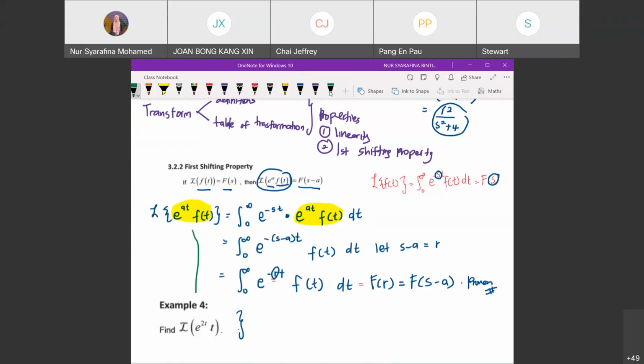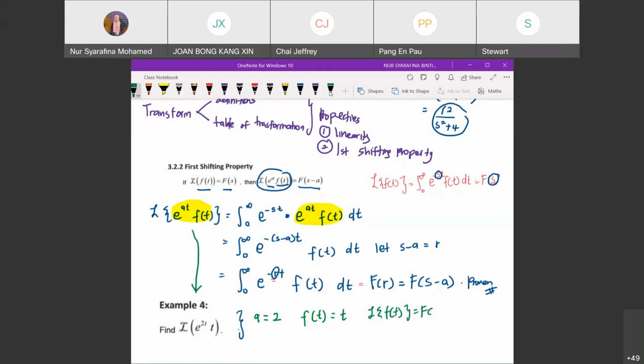According to this form, according to the first shifting property, a equals to what? Okay, a equals to 2. And f(t) equals to what? f(t) equals to t. So when f(t) equals to t, transforming f(t) will give you F(s).